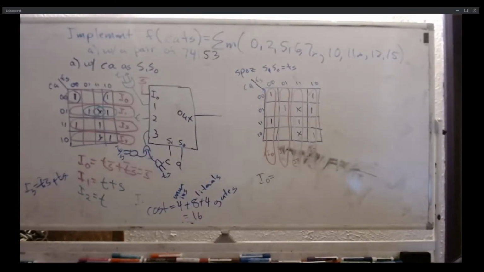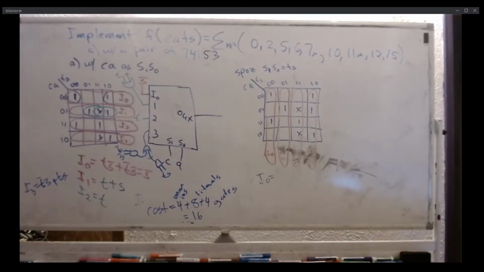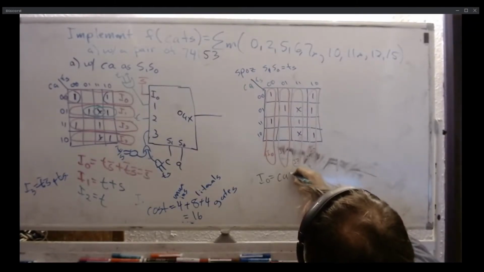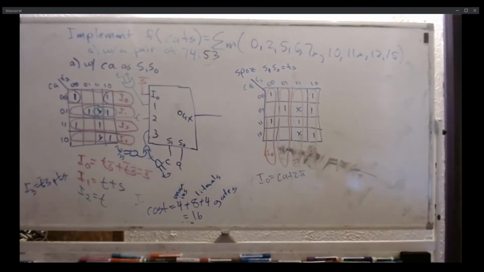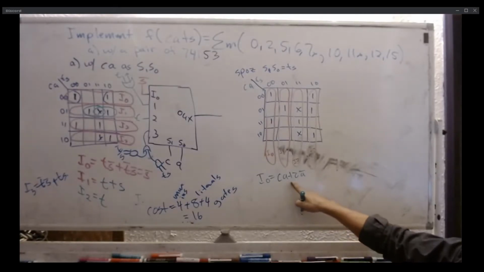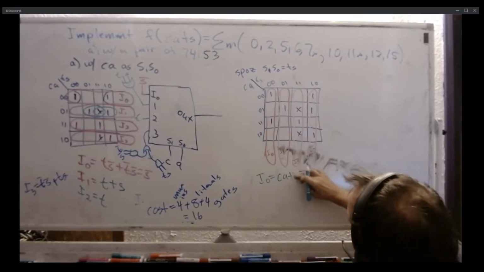T and S are the select lines, so you're only going to have C's and A's in the expressions. Yeah, I was thinking out loud, trying to see my group. So it would be C naught A naught plus CA, right? Oh yeah, okay.